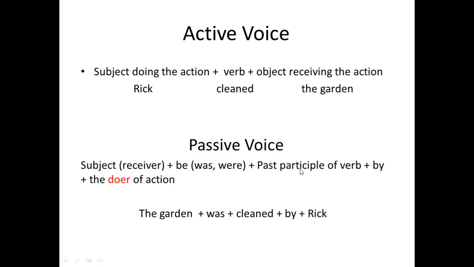And then you will have by plus the doer of the action. As I said, students, you will bring the subject to the end of the sentence, and after it you will add by. Okay? The garden was cleaned by Rick.